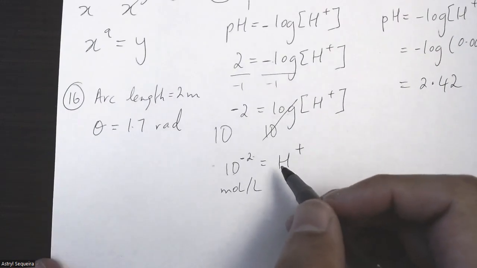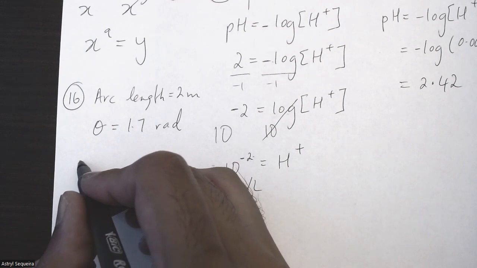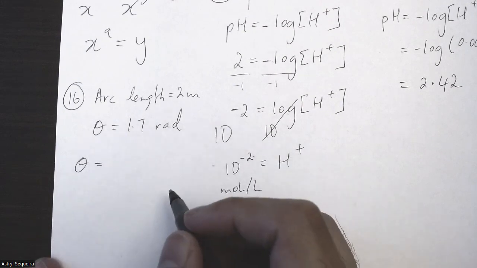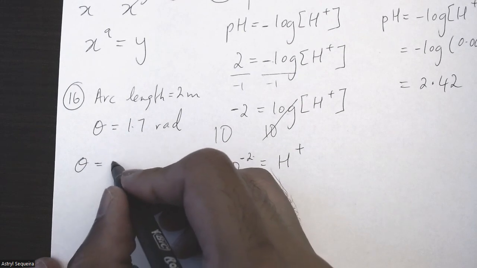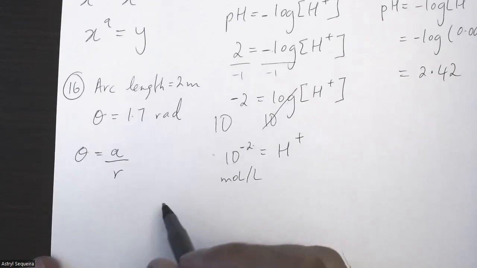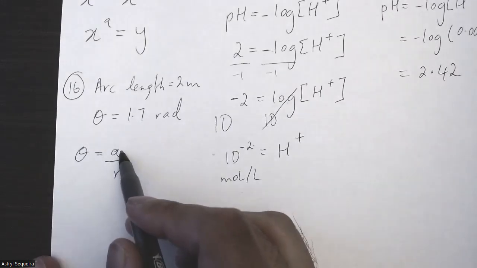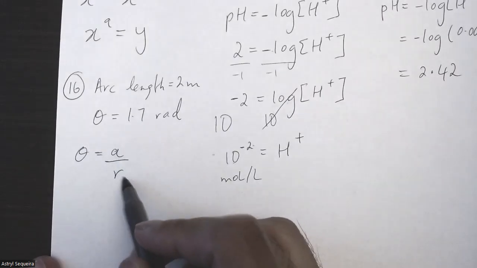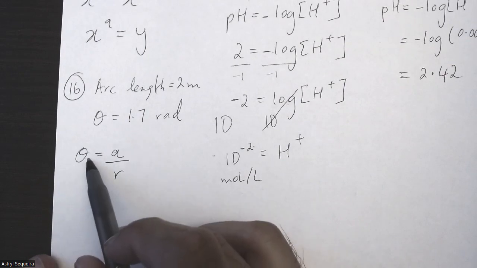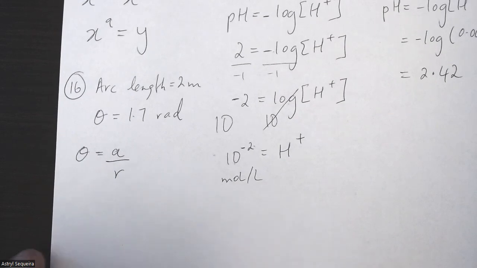So this is just using your arc length formula, where theta, which is the angle in between, is equal to arc length divided by radius. Arc length has to be in meters, and the radius also has to be in the same unit. And the theta has to be in radians. So if you're given degrees here, you got to convert to radians first.